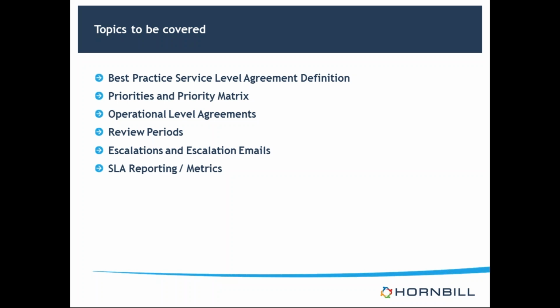Then we'll take a look at operational level agreements, and then we'll take a look at review periods against the service level agreements as well. We'll review escalations and how we manage escalation emails, and then we'll take a look at some of the metrics that we can obtain from the SLAs that we define, and we'll also be able to look at some areas of the reporting structure in Supportworks, which allows you to report on the SLAs, so we see how we're doing with regards to that.